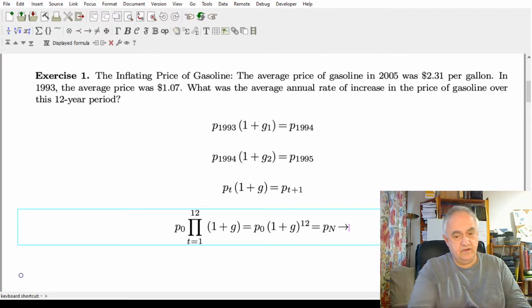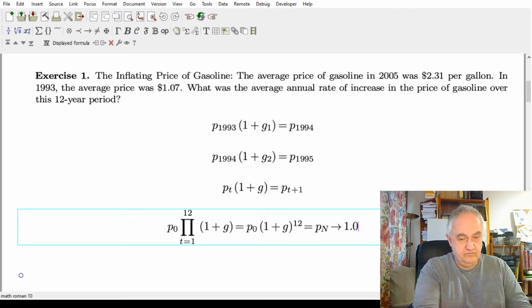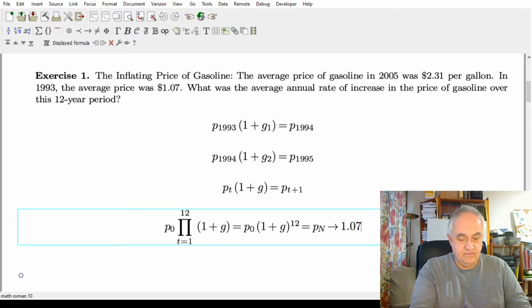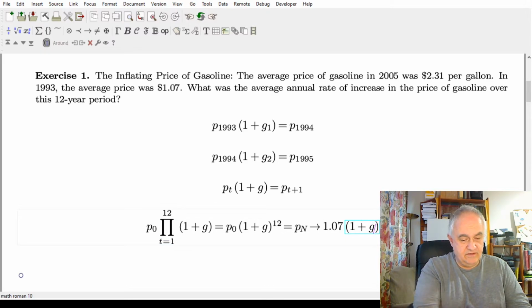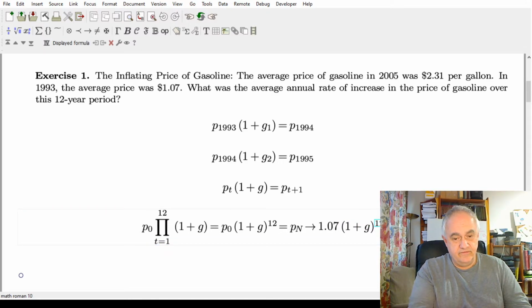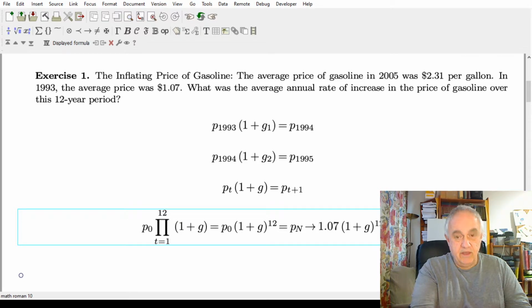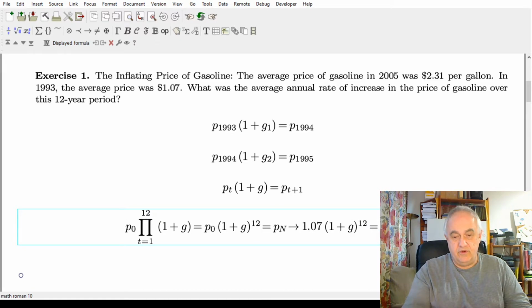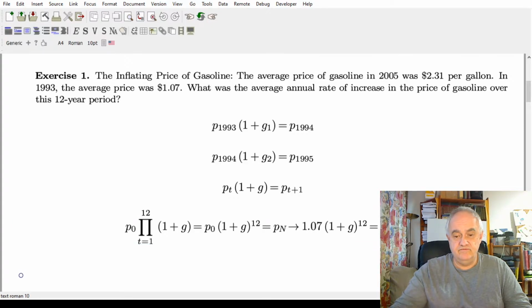I will say 107, the initial price, times 1 plus G up to 12 will be equal to 2.31. And from this we can solve for G.